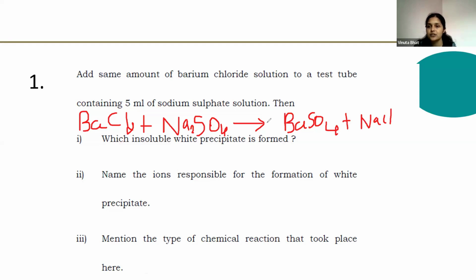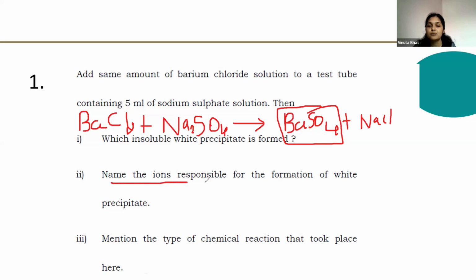So this is the reaction. Here the barium sulfate that forms is the white precipitate. Which insoluble white precipitate is formed here? Barium sulfate, the insoluble white precipitate, is formed here.